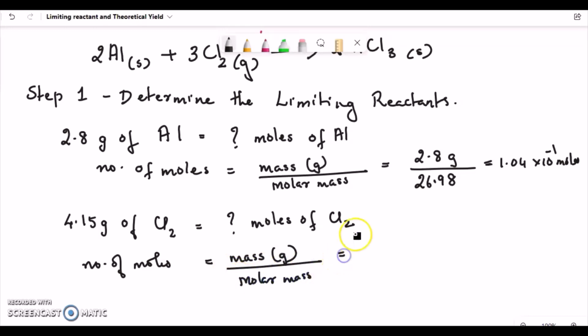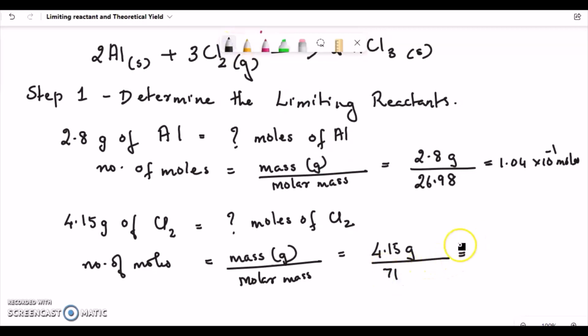That is equal to 4.15 grams divided by the molar mass of chlorine. The mass of chlorine gas is 35.5 plus 35.5, because there are two chlorine atoms in it, so it will come to 70.9, or let us say 71.